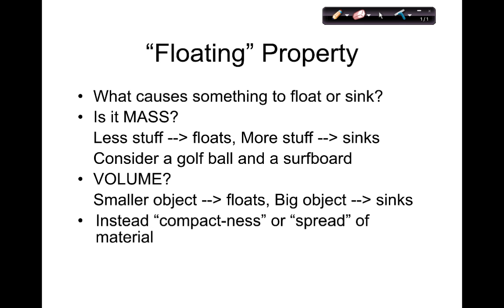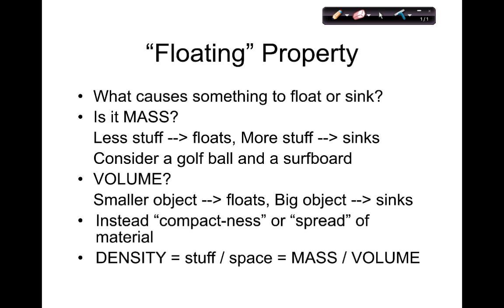And so the molecules in foam, think of that as like spread out, whereas like a rock or a pebble that has very compact, the matter is very compact. And so what's the key word here? Does anyone know the key word we're talking about when we talk about the compactness or spread of the molecules in the material? So maybe some of you are thinking or saying density.